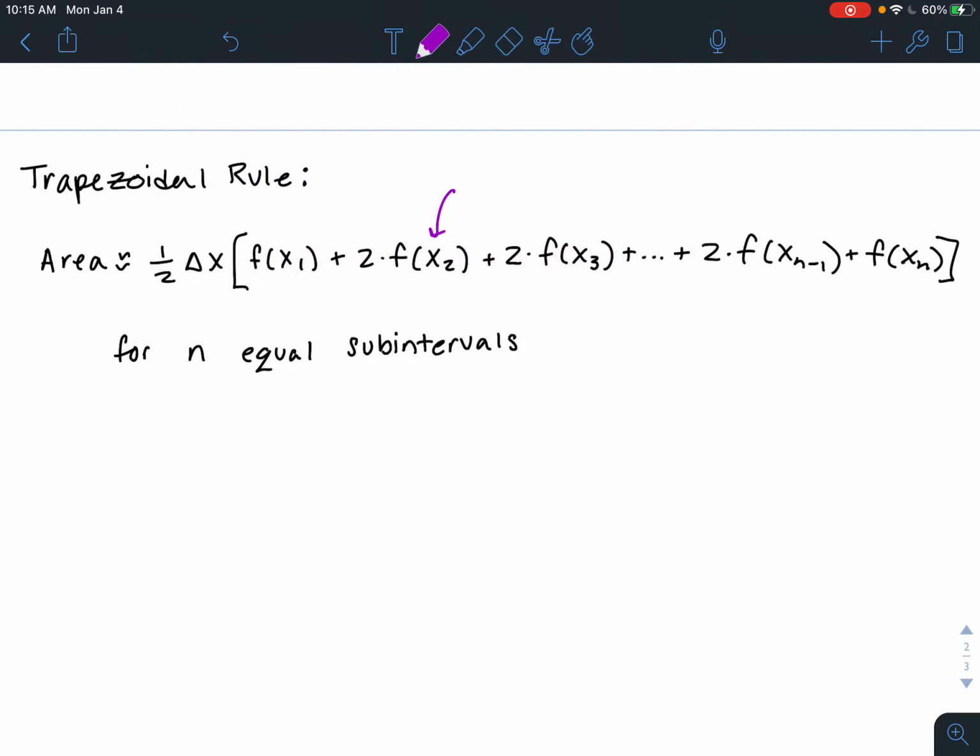And if you want to really have a formula here, x sub 2 is just going to be x1 plus your delta x. This is just x1 plus 2 times delta x, so on and so forth. So you could also set it up like that if you wanted to do more of a formula kind of thing. You can't write this as a sigma notation because you have those doubling up points.